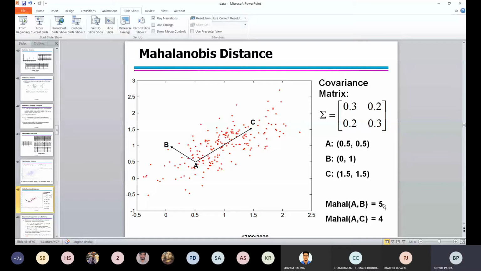Between A and B, what will be the equivalent distance? 0.5 plus 0.5, so it will be 1. So it will be 1 L1 distance. But if you compute the Mahalanobis distance, you will get 5.